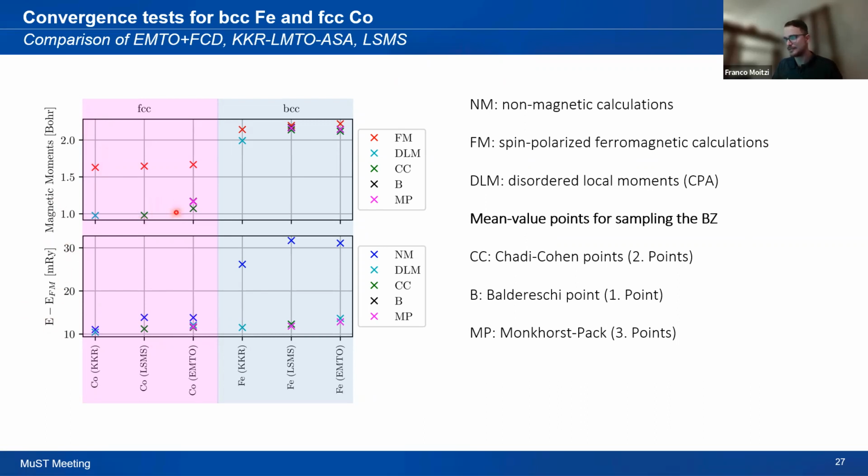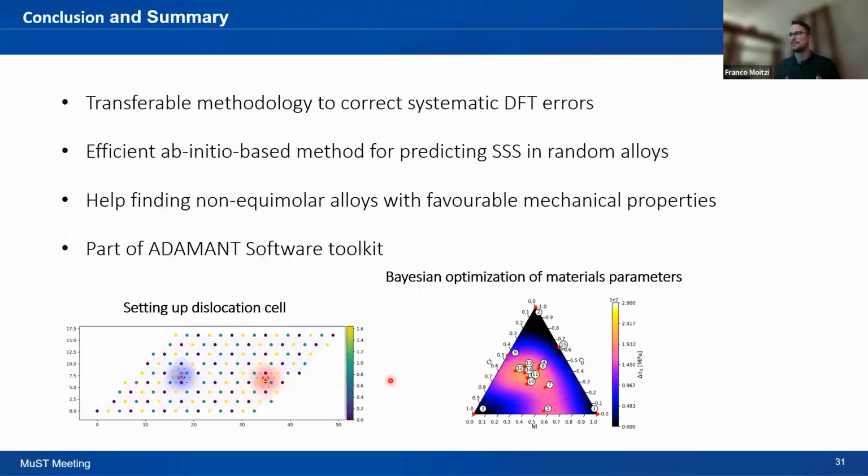Okay, here is some discrepancy in the magnetic moments, but I think this is still okay. And here you can see it reproduces the energy within a range of a few millirydberg compared to the, I guess, more accurate full charge density EMTO. So this is everything of my new results that I want to present at this point.